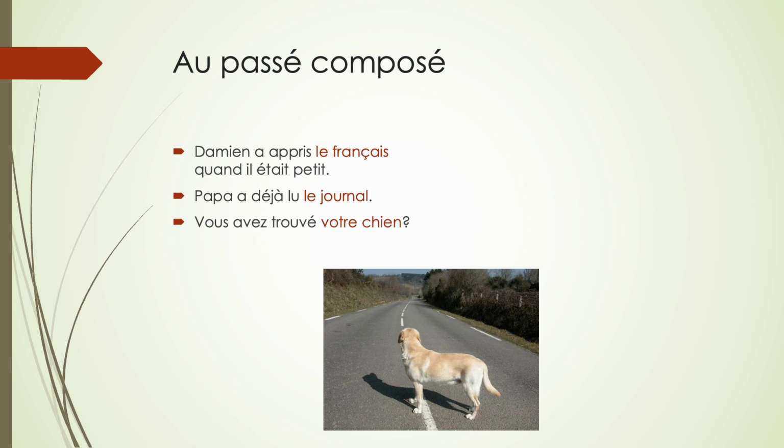So, Damien a appris le français quand il était petit. So we know we're going to replace le français with le or l'apostrophe since we have a vowel here. And we're going to put it in front of a. So it's going to be Damien l'a appris quand il était petit.